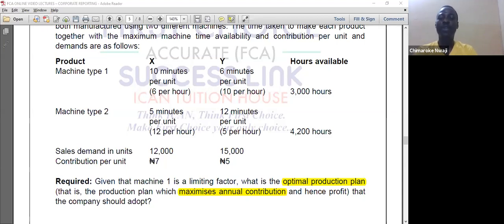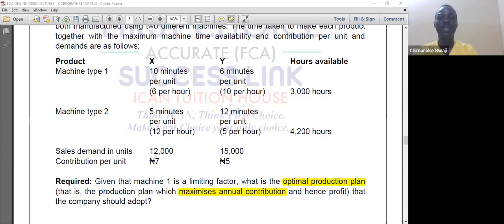The limiting factor was identified for us as machine number 1. No problem. Step number 3, find the limiting factor per unit. Limiting factor per unit here, we were given machine 1 for X was 10 minutes, machine 1 for Y 6 minutes. No problem.